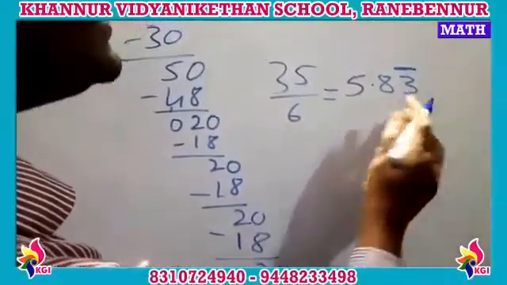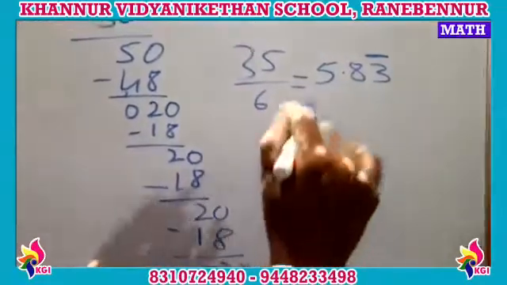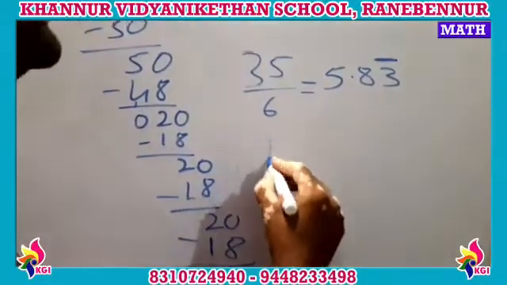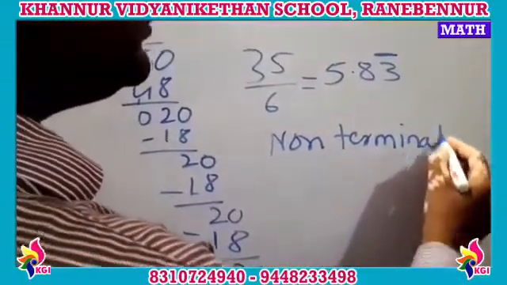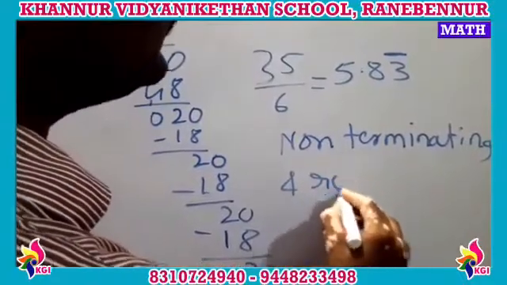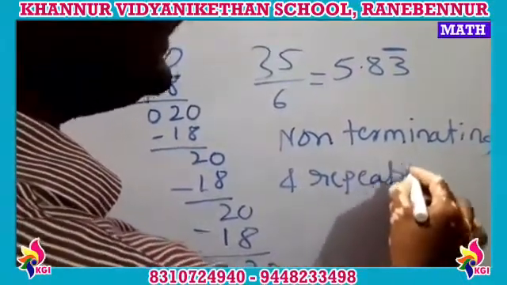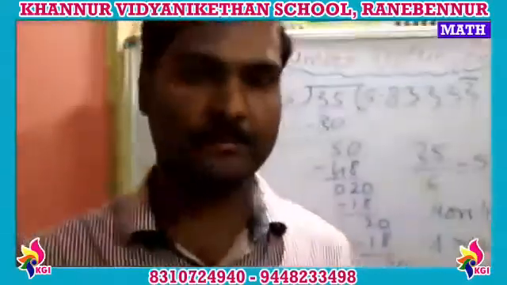This bar says that it is repeating. So we can say this is non-terminating and repeating. We can call this repeating, recurring, anything. So it is the second type.